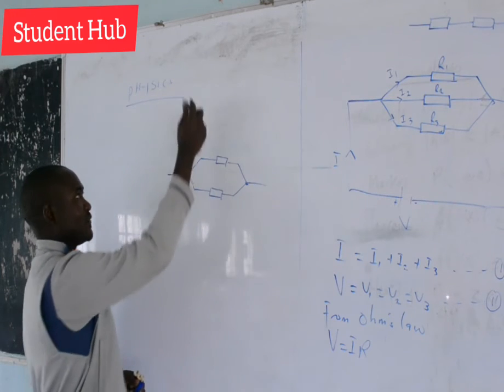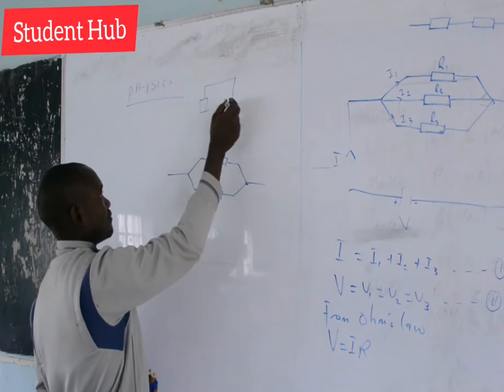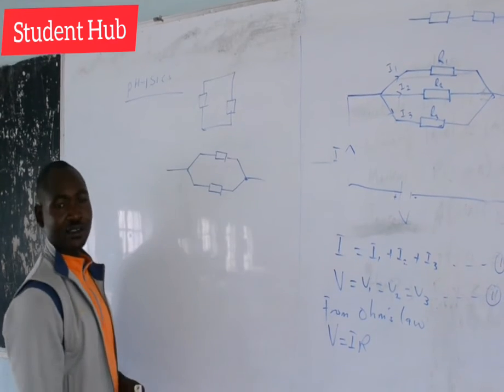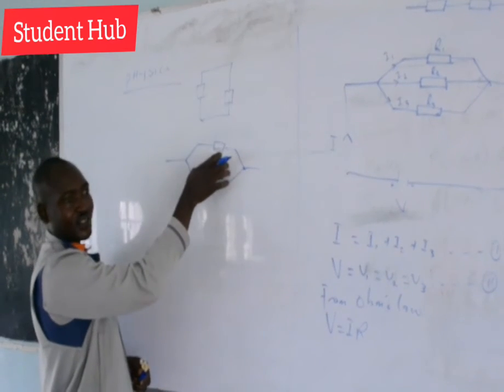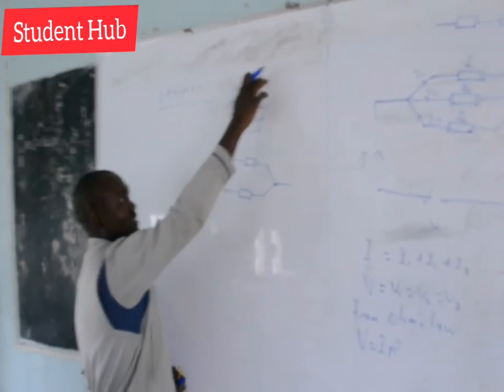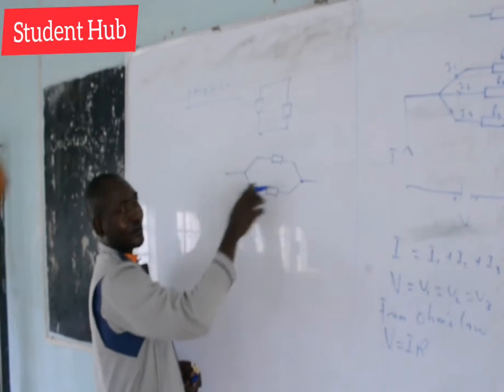So this one is different from having something like this. I hope you get it. This is different from having something like this. This is series connection because this one is the same wire end to end, but this one is different wires combined.